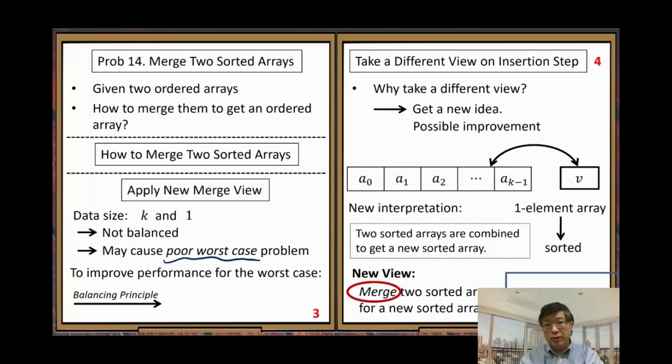That's the balancing principle. So our decision, our improved view, is to try to make two subarrays of equal size. When we do divide and conquer, try to make the sizes of the two subarrays as even as possible.